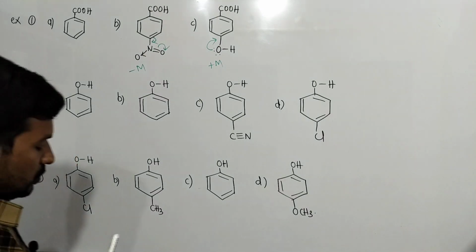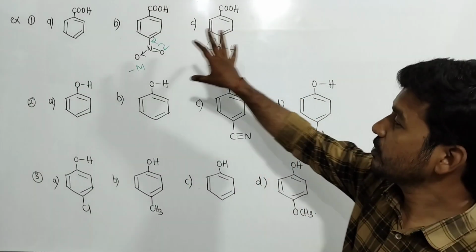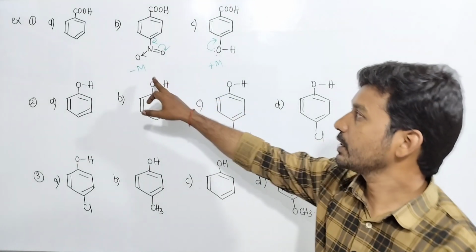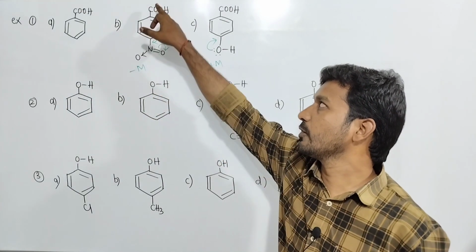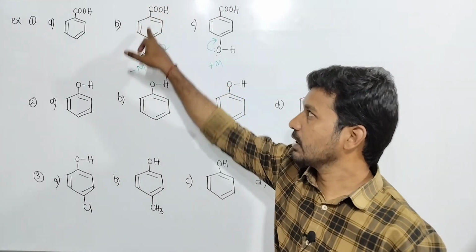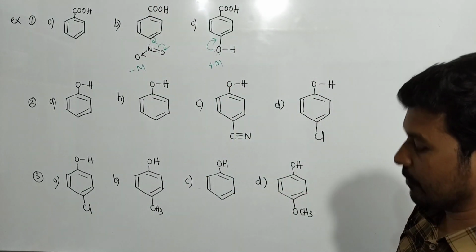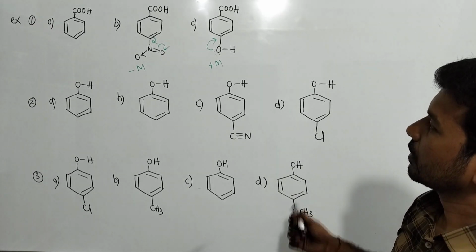Which one is more acidic, or whose conjugate base is more stable? Its conjugate base is more stable because of delocalization of negative charge. Negative charge distribution takes place, comes down. Minus M group increases stability of the conjugate base.